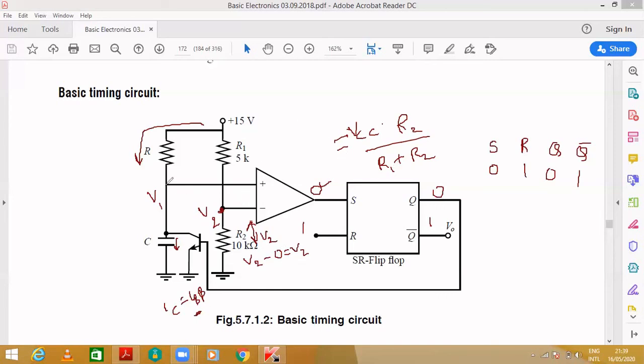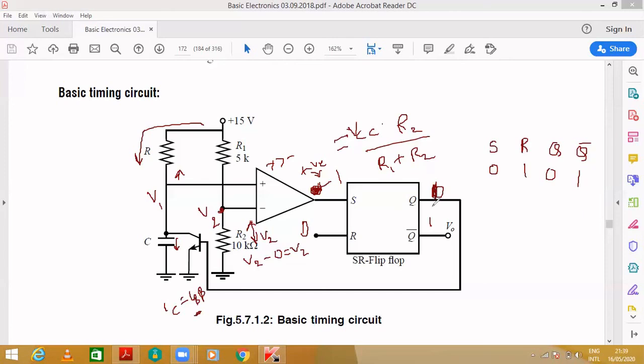Once it starts charging, this point starts increasing. Once the non-inverting terminal is greater than the inverting terminal, the output of the op amp becomes a positive value, and S becomes 1. If I assume R is 0, with S as 1 and R as 0, the output will be 1.